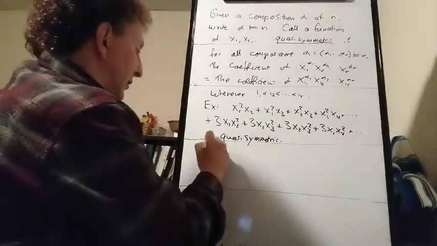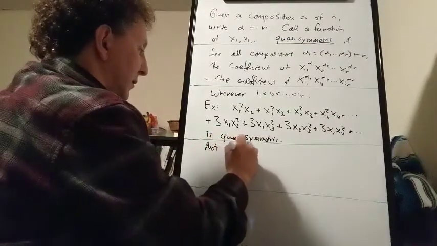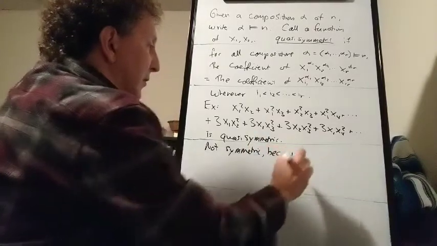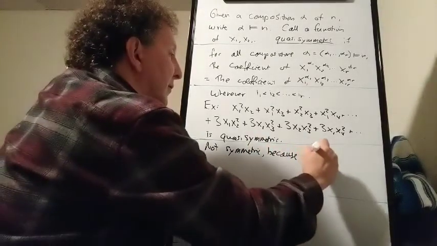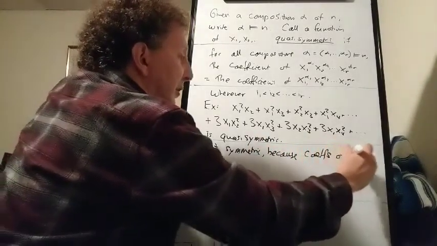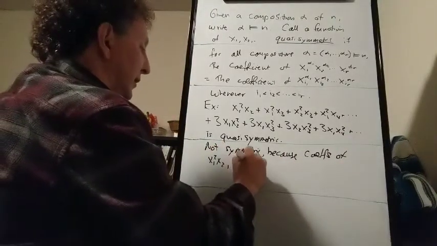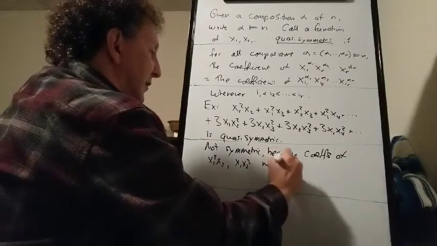This is not symmetric because the coefficients of x1 squared x2 and x1 x2 squared are not the same.